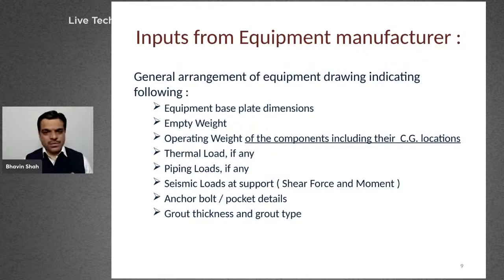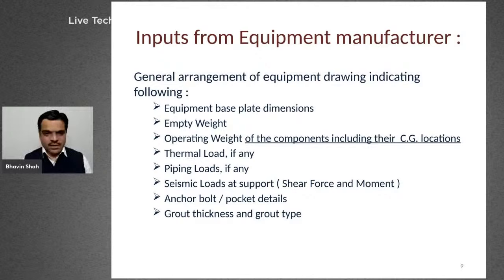So for that, whenever we prepare the general arrangement drawing based on the manufacturer load data, we again send it to them for their approval, so that they can check all pockets, anchor bolt details, etc. from the general arrangement perspective, so that there is no mismatch or miscommunication in the process of reading the drawing.